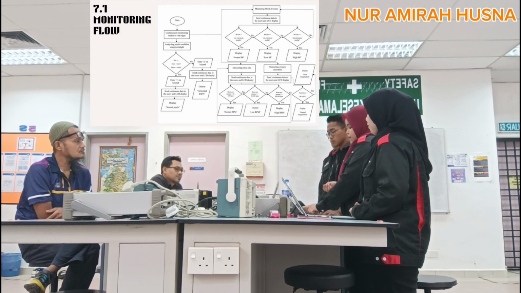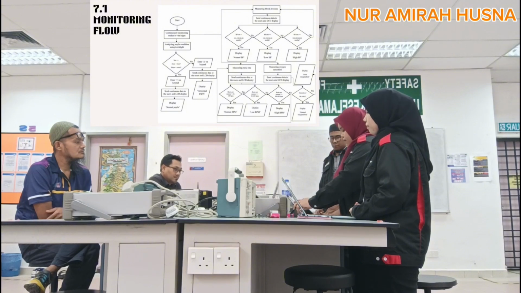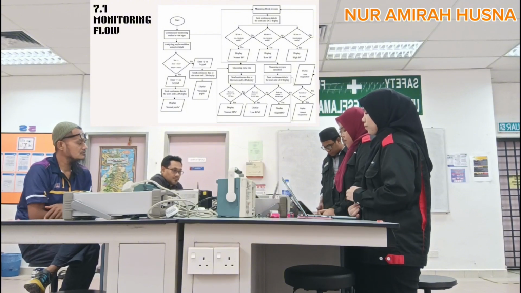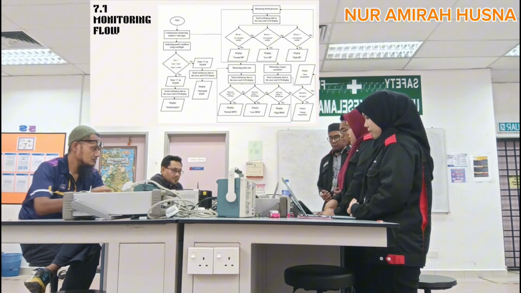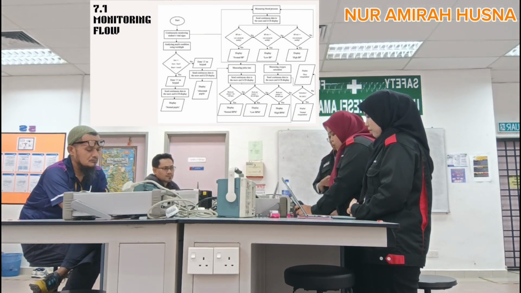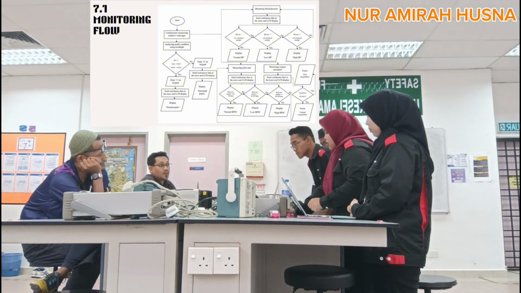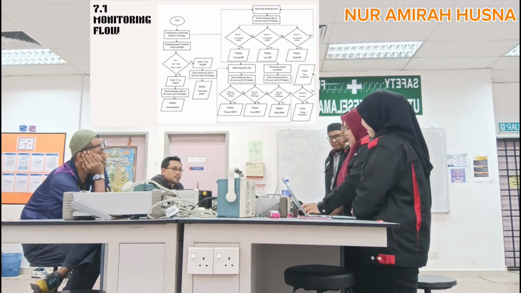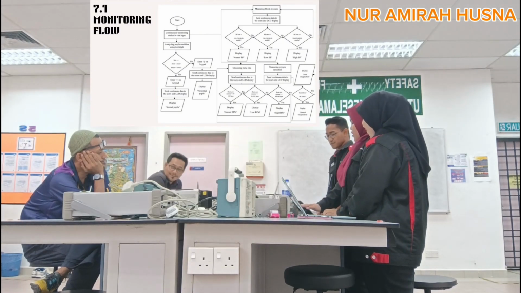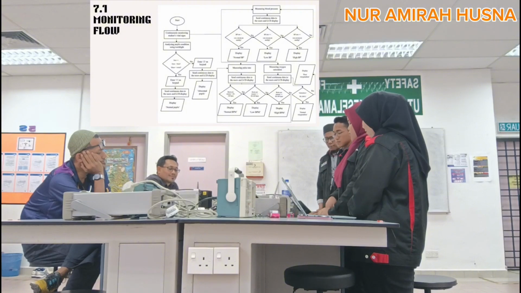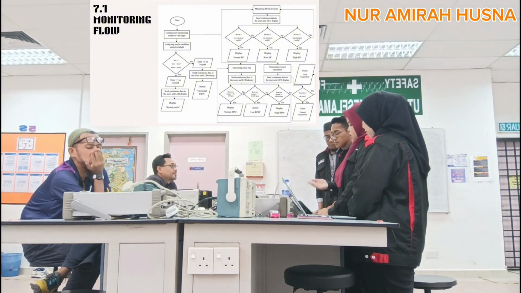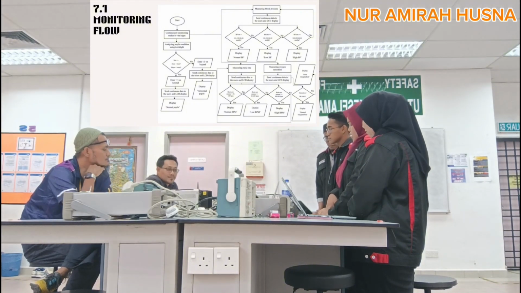Okay, next is measuring blood pressure. There are three conditions of blood pressure that we want to monitor. First condition, normal blood pressure: 110 to under 120 for systolic and 60 to 80 for diastolic.